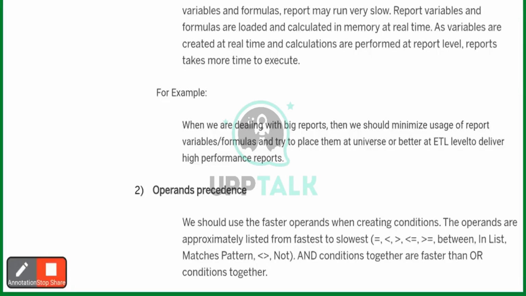For that, instead of creating these variables and formulas in the report, we can create them at the database or Informatica level and consume them in our reporting layer. Whenever we refresh the report, the calculations are not done at report level. Instead, they are done at the database or universe level, which will improve the performance of the BO reports.